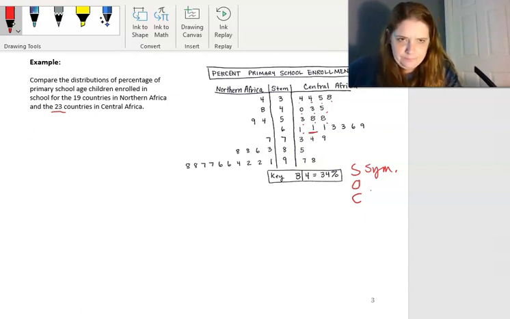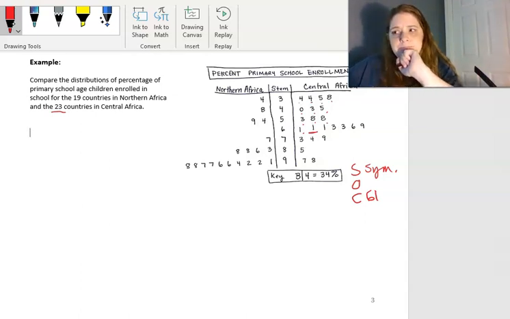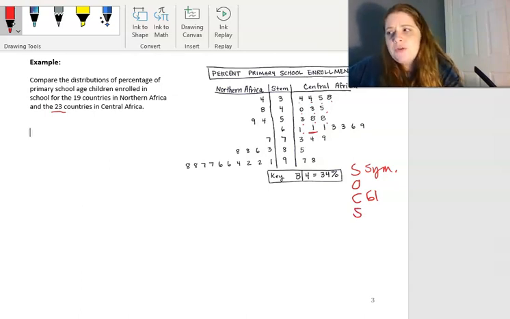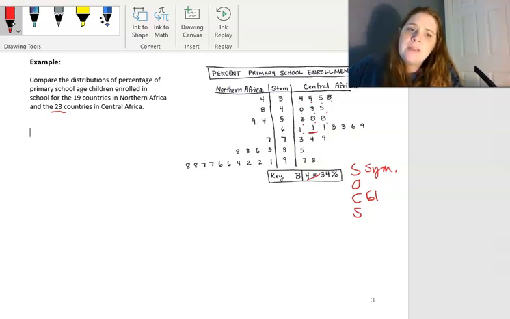All right. So median of 61 here. As far as the spread, I'm going to talk about the range. The range goes from 98 down to 34. So 98 minus 34, that gives me a range of 64.